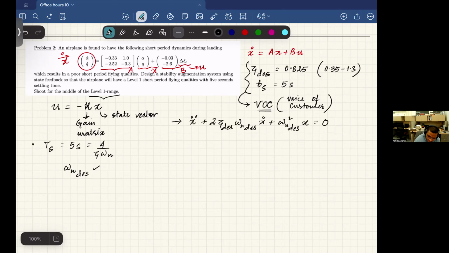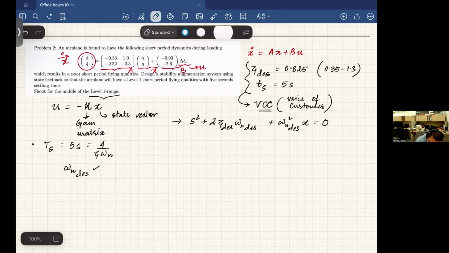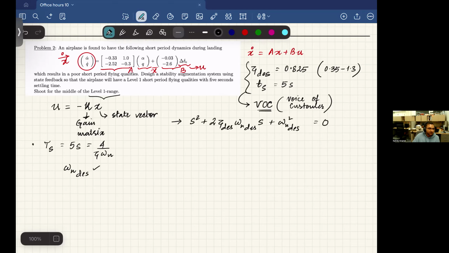Basically, actually, I should write down, this would be my characteristic equation. Which means that the roots of this characteristic equation are exactly the roots that I'm looking for. This is my desired characteristic equation.